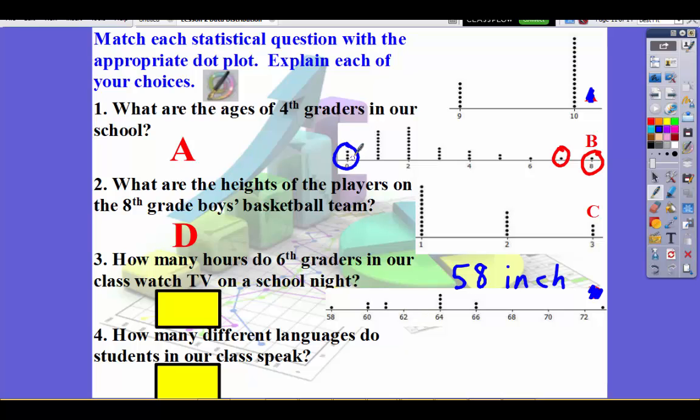So I know this one, B, will not go with 4 because this is telling me they don't speak any language at all. So what about C? Yeah, some students could speak one language. Some speak Spanish and English. And some might speak Spanish, English, and Filipino, or some other language. So 4 is going to go with that C, which means that, yes, number 3 is B. Some students are watching 8 hours of TV, even though that seems ridiculously long.